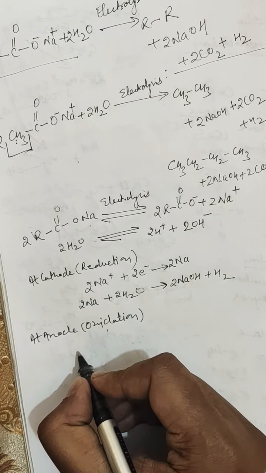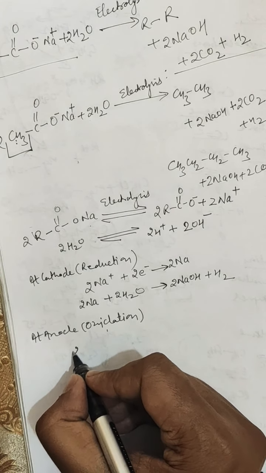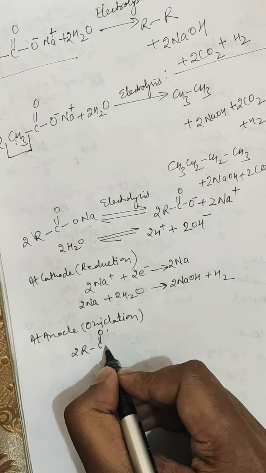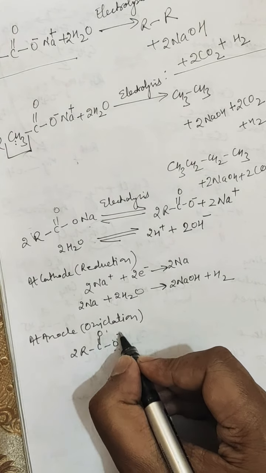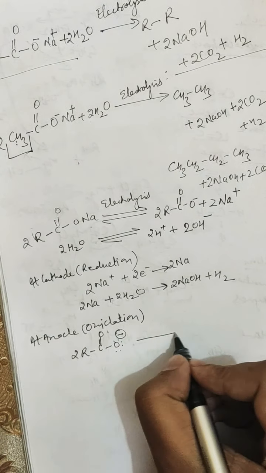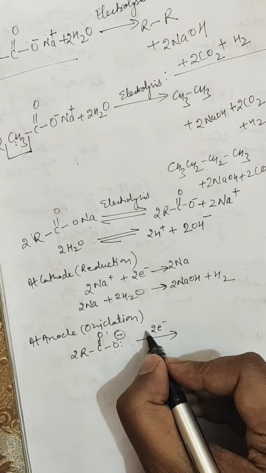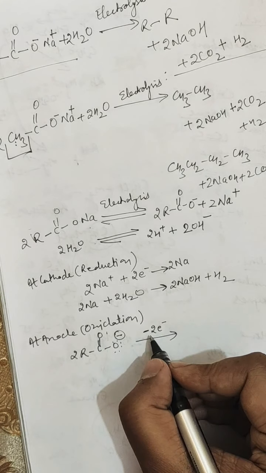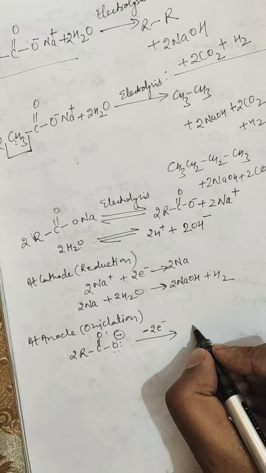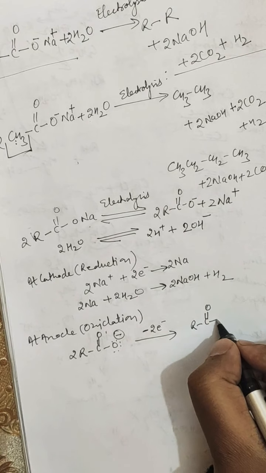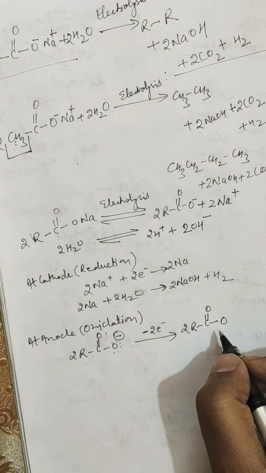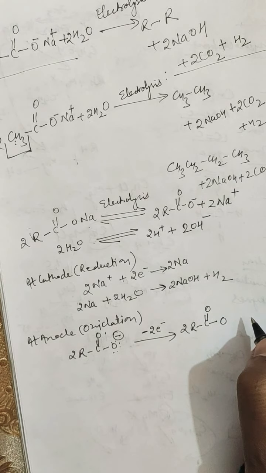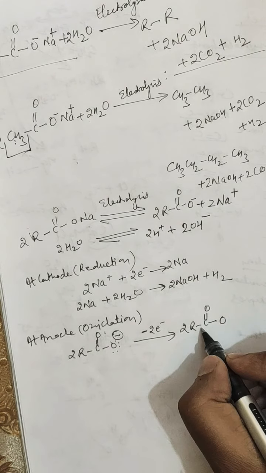electrons. So at the anode, two carboxylate anions react to lose electrons, that is, two electrons are lost. This minus sign indicates the loss of electron. And further there is cleavage of the bond.